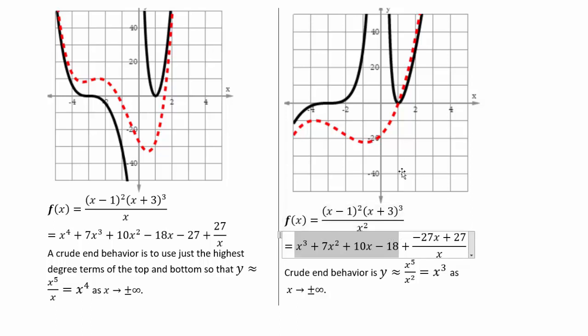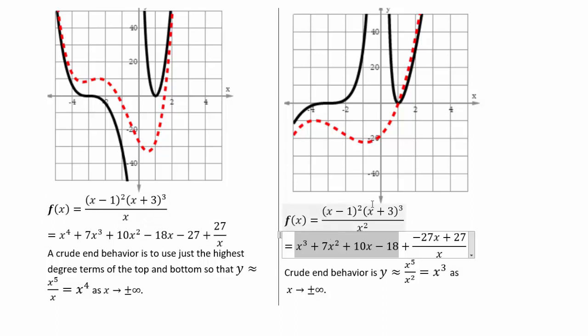So as x goes to infinity or negative infinity, the red dotted curve is what the original function f of x, which is the quotient of x minus 1 squared, x plus 3 cubed over x squared, or x minus 1 squared over x plus 3 cubed over x, behaves like. You can verify that yourself by playing in Desmos.